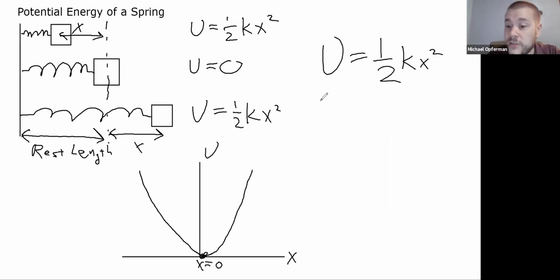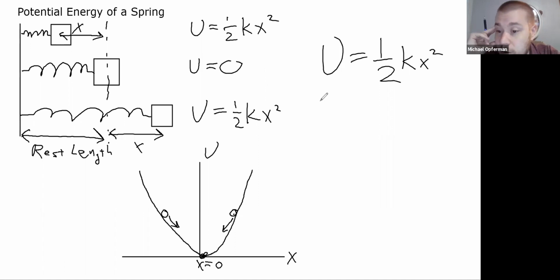And one thing this tells you, if you think about the idea of potential energy graphs that I talked about before, if you release an object from rest with a stretched spring, it will tend to roll back towards x equals 0. And if you release an object from rest with a compressed spring, it will also try to bounce back towards x equals 0, because on potential energy graphs, objects want to roll downhill.